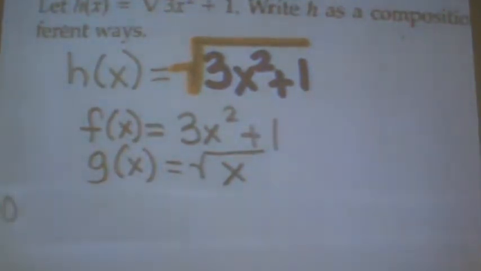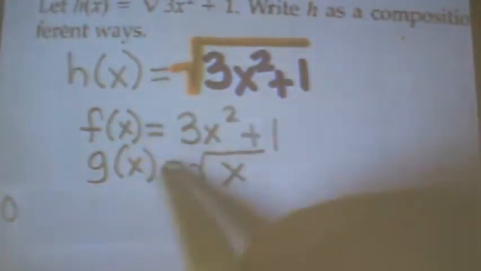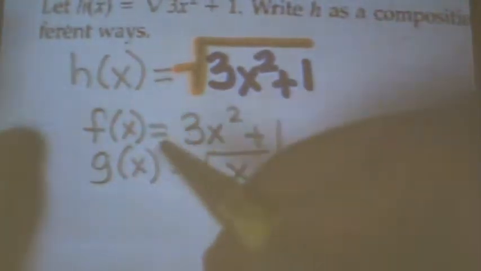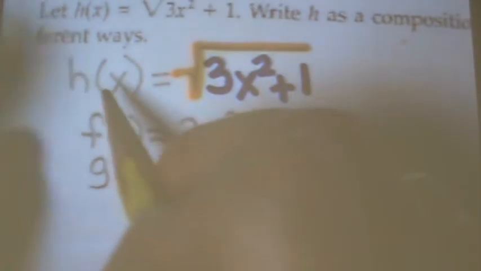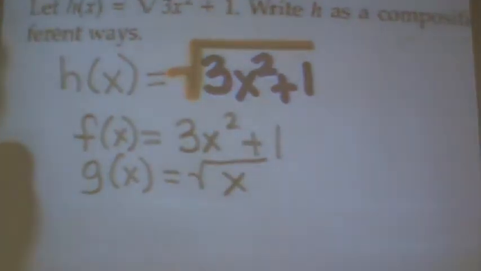Obviously, we use an x here. So we've got something underneath, and we've got something outside. So now I'm gonna use f and g and compose them. How do I compose them to get h of x? We're gonna do a couple of these and you'll get it.